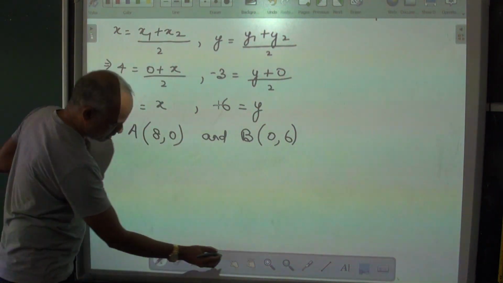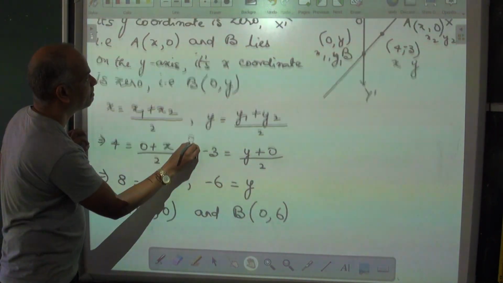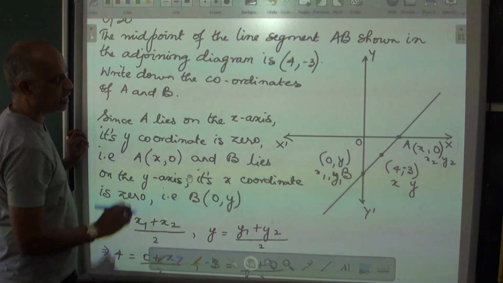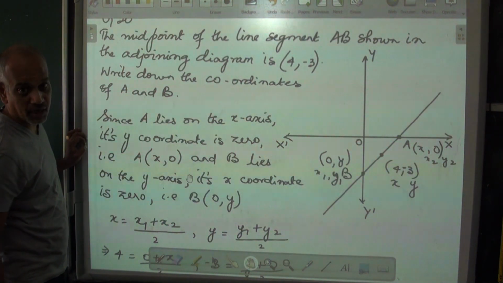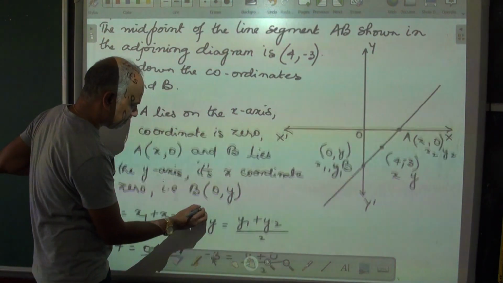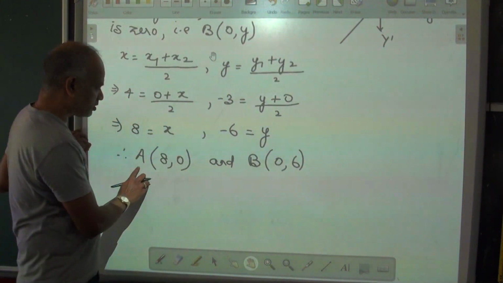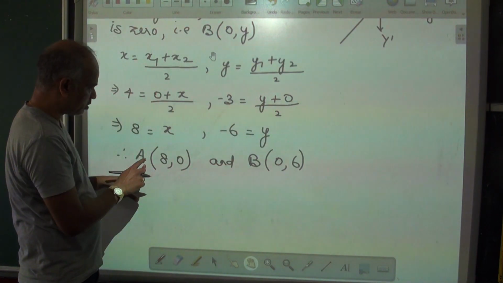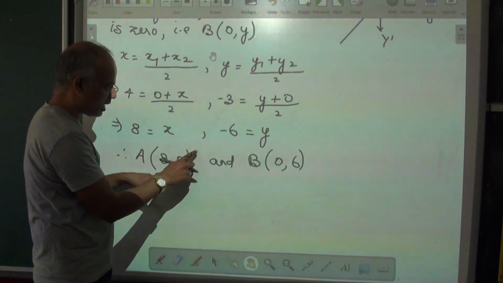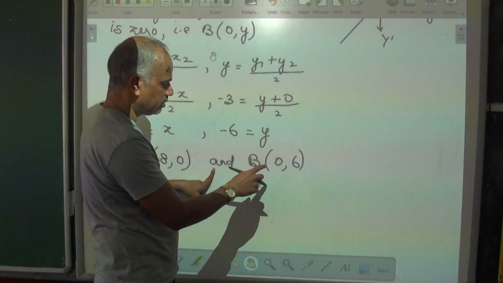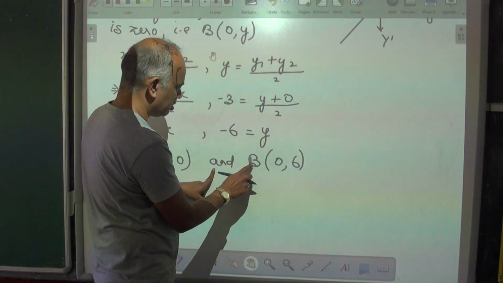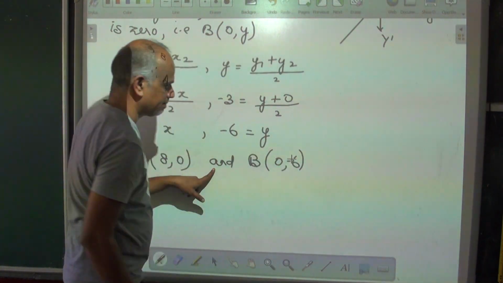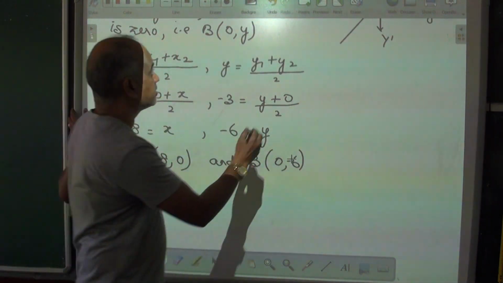The question was, write down the coordinates of A and B. So A's coordinates are x, 0, that's 8, 0, and B's coordinates are 0, y. Y value is minus 6. So 0, minus 6. Okay. Next.